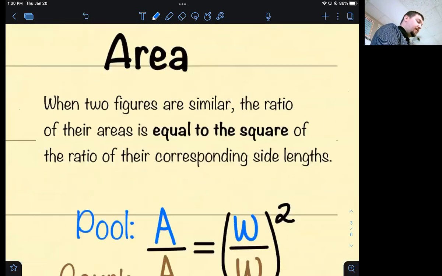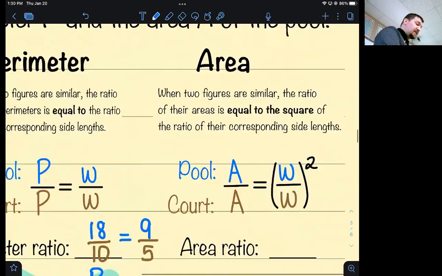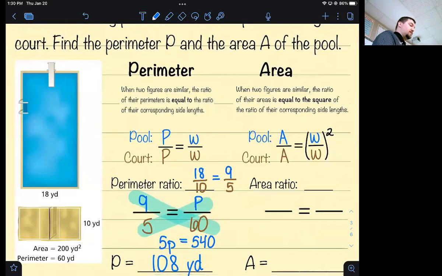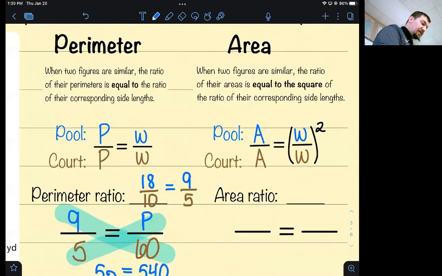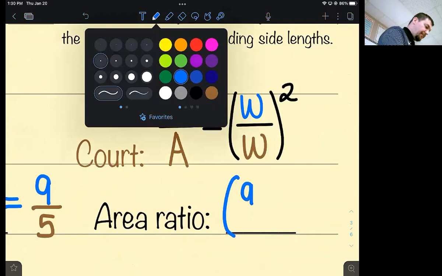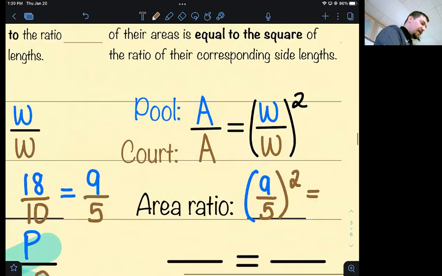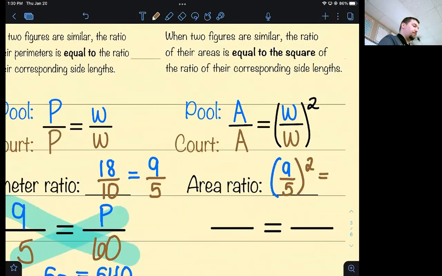Remember that the area ratio is equal to the square of the side length ratio. So we already know the side length ratio is 9/5. So what I need to do is I need to square 9/5 so that I'm using the right ratio.